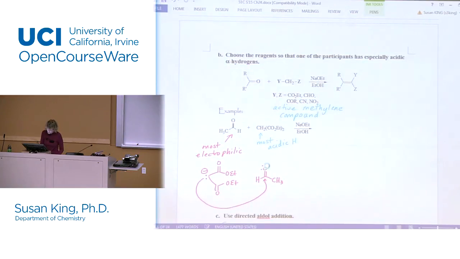So there isn't any ester left, there isn't any active methylene compound left that's not deprotonated. You're going to protonate, then eliminate. I'm not going to show that here. We'll do that in discussion. Protonate, then eliminate.